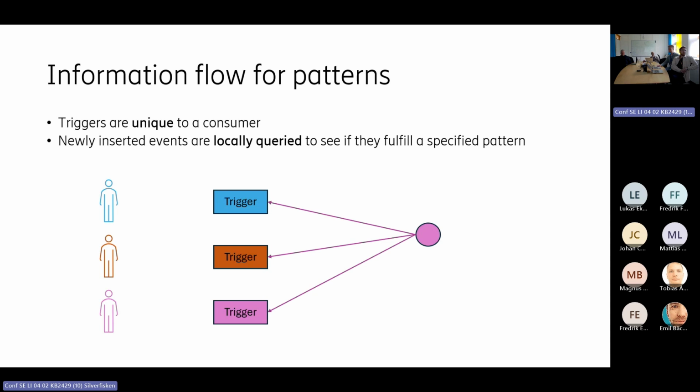So we see if this new event will fulfill a pattern for each of these consumers. In this case, the purple person gets their notification because this new node fulfills that pattern. And this keeps on happening for each event that's introduced into the database.